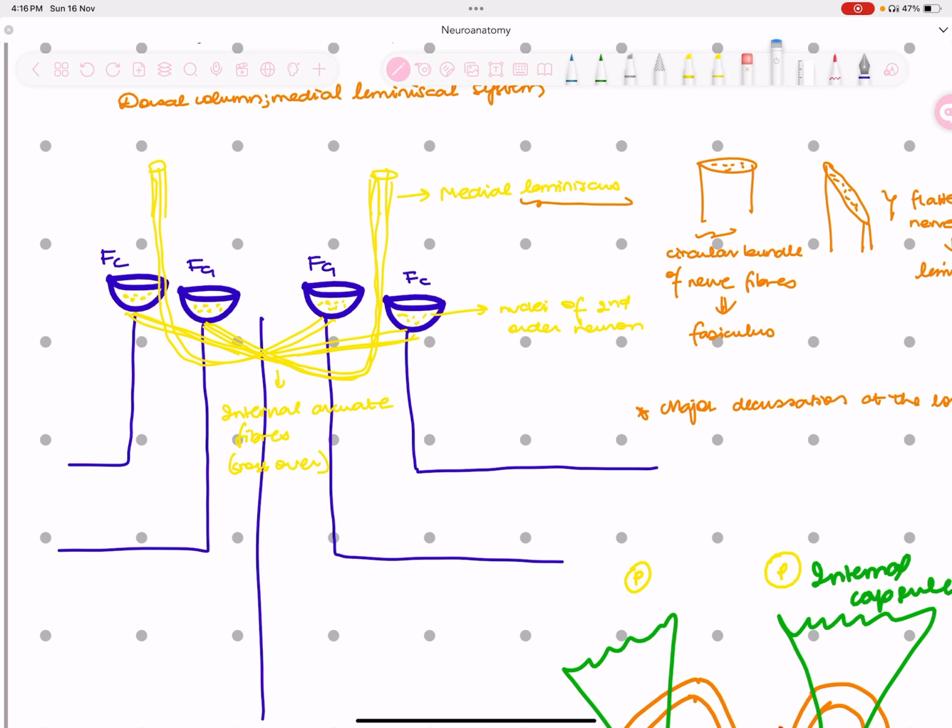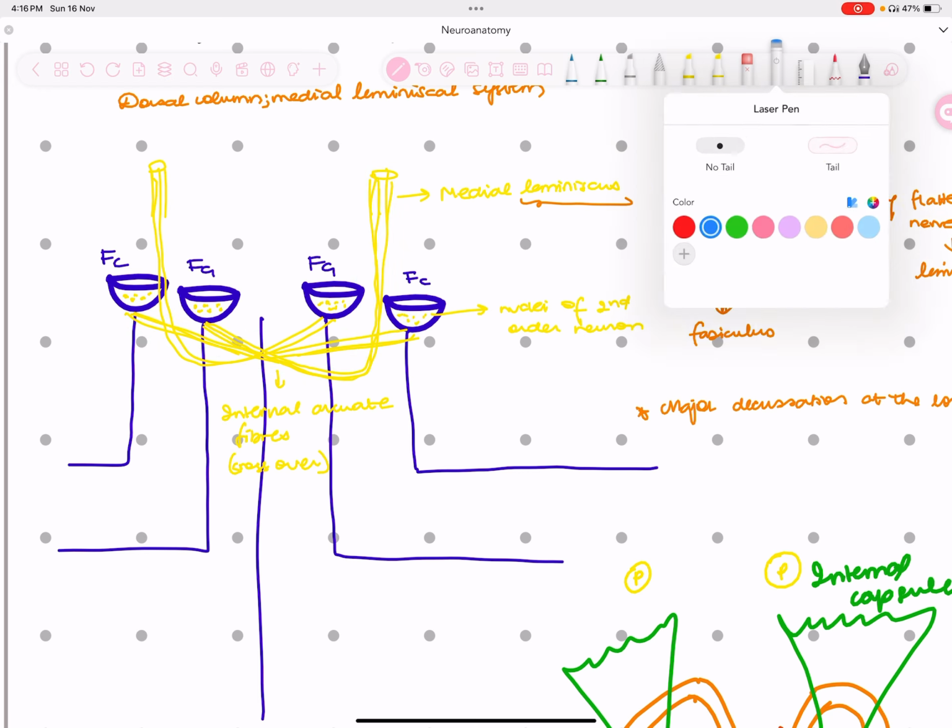So for example, the ones which are from here, these axons are going to go towards the other side and upwards, and the ones from here also, from the left side they're going to the right side, and from the right side they're going to the left side. I hope it's making sense whatever I'm doing here.